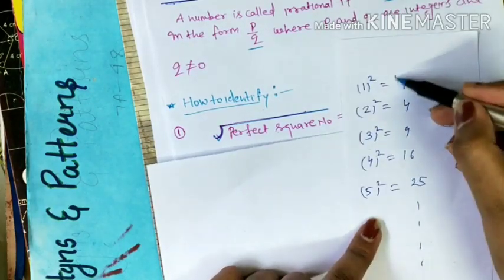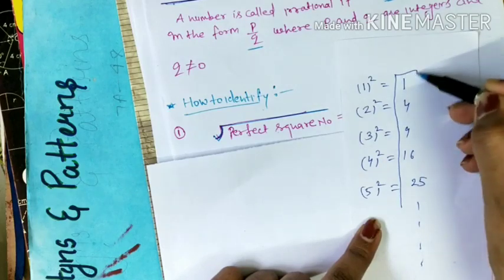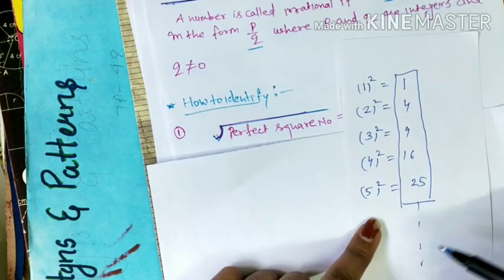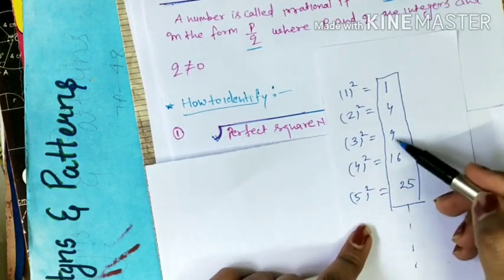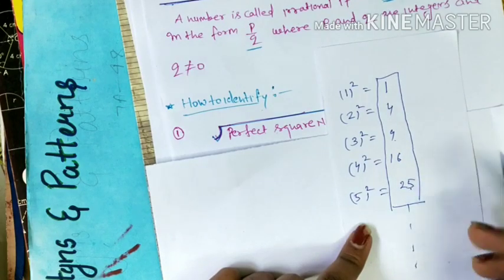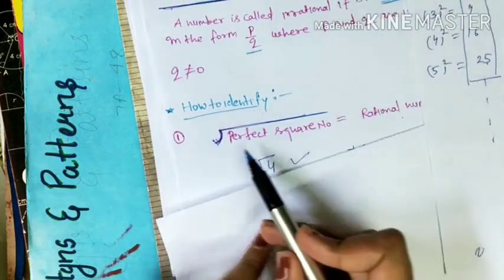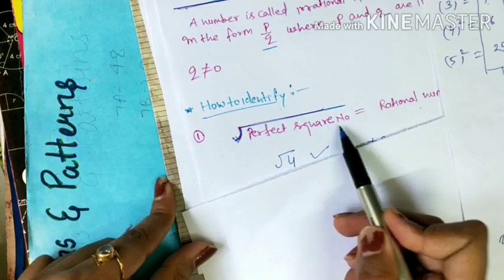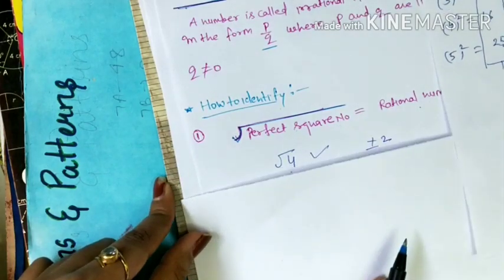All these numbers are perfect square numbers: 1, 4, 9, 16, 25. It means under root of a perfect square number is always a rational number.